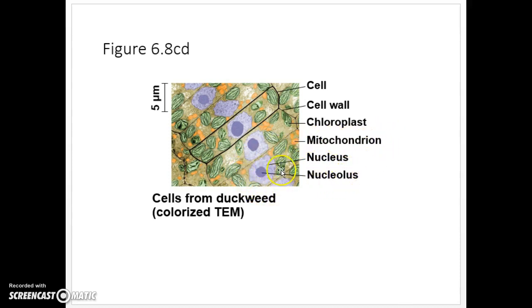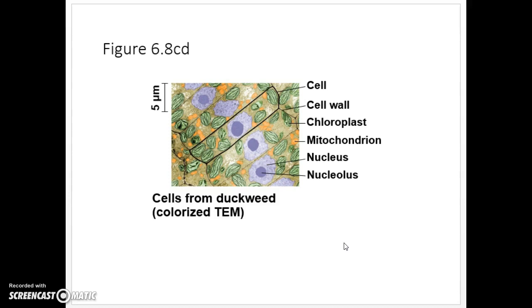The nucleus is the larger violet-colored circle, and the nucleolus is the dark purple there. And an important thing to notice with this picture is that there are a number of organelles of the same type in each cell. And that's an important feature of learning about the makeup of eukaryotic and prokaryotic cells.